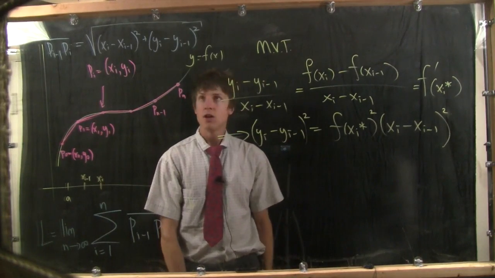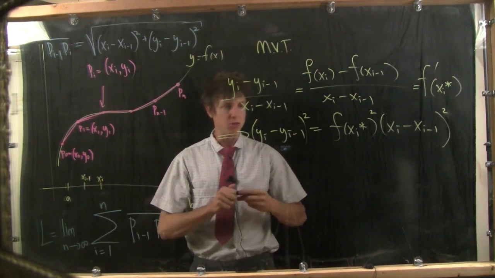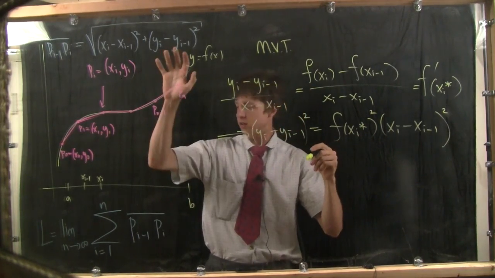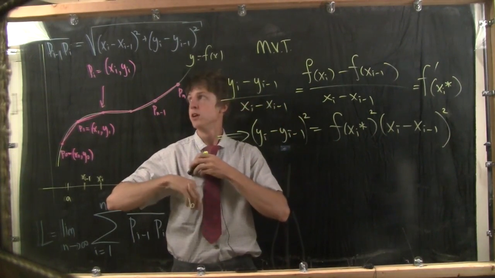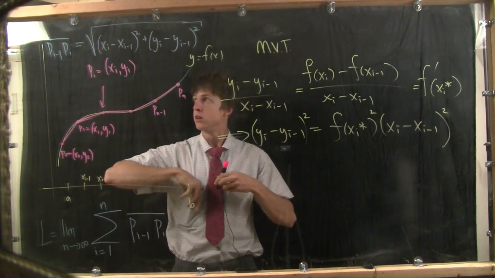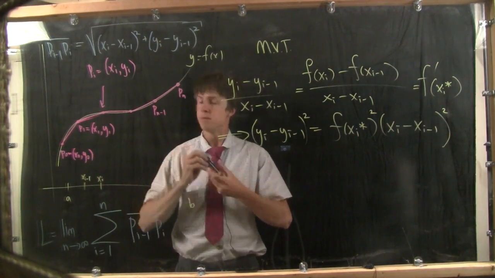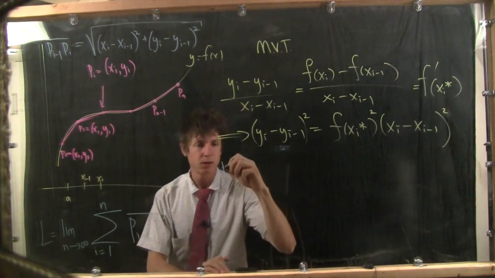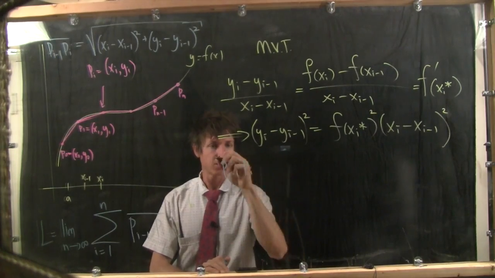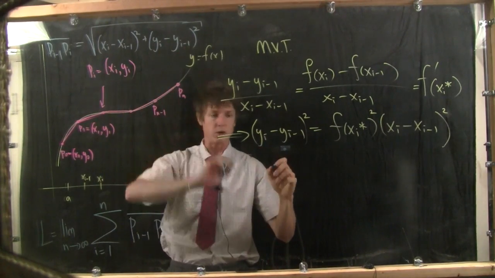So what I'm going to do is substitute this longer expression into here because it will eventually clean up. So let's go there. So now I'll start from here. I'll use blue. So we have that the length from Pi minus 1 to Pi, well, it's this thing under the square root.